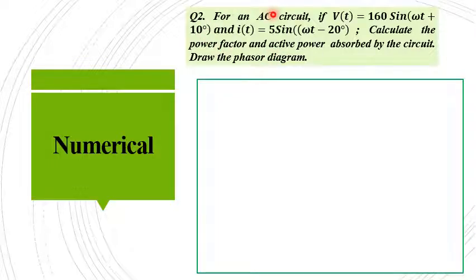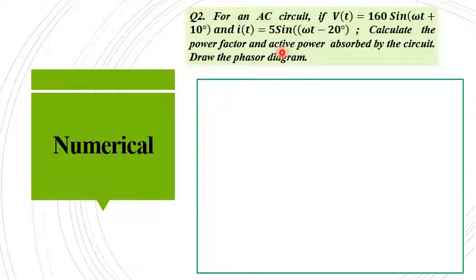So what about the nature of the circuit? Here we can see that the voltage is 160 sin omega t plus 10 degree, that is, it is 10 degree ahead, and the current is 5 sin omega t minus 20 degree. From the equation itself it is clear that the current is lagging the voltage.